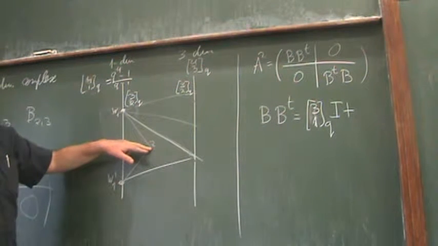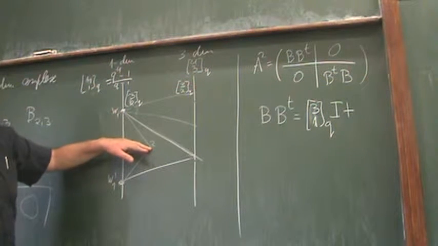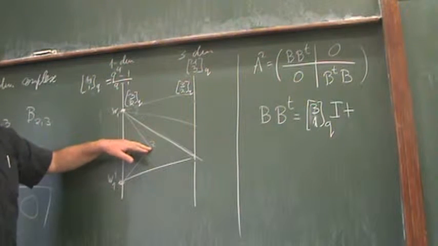Because we are inside a four-dimensional space. So the number of three-dimensional spaces containing a given two-dimensional space inside a four-dimensional space is exactly Q plus 1. Is it clear?